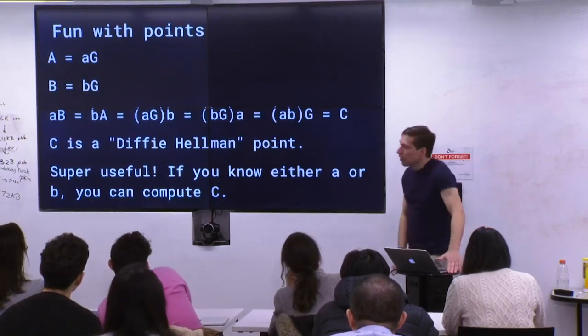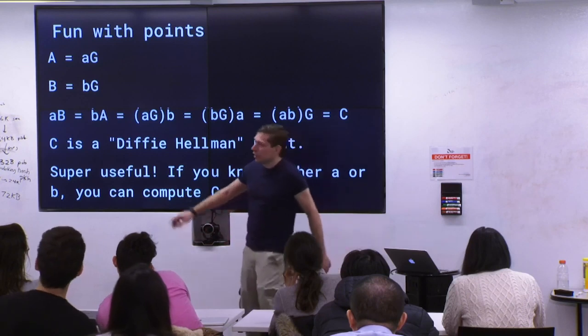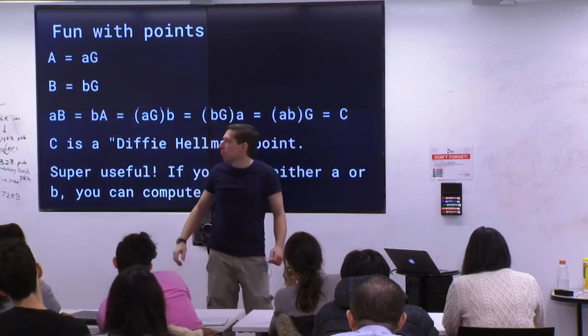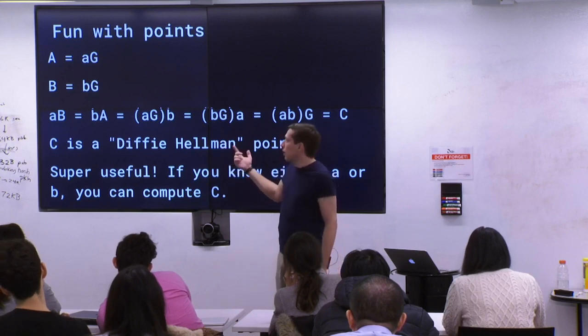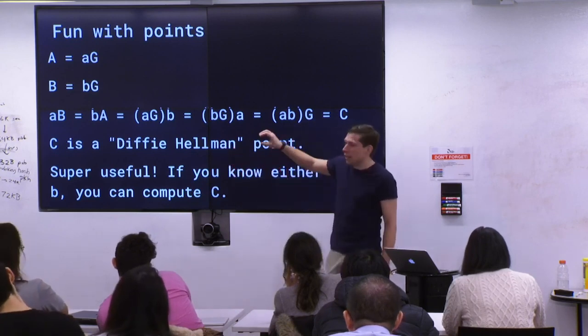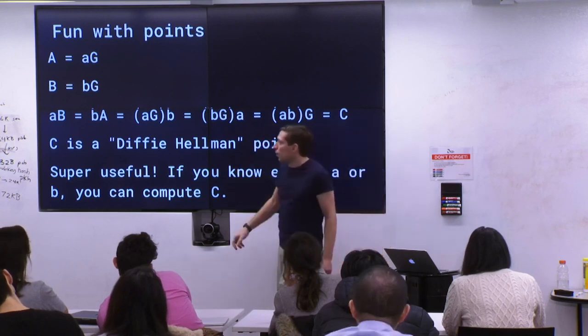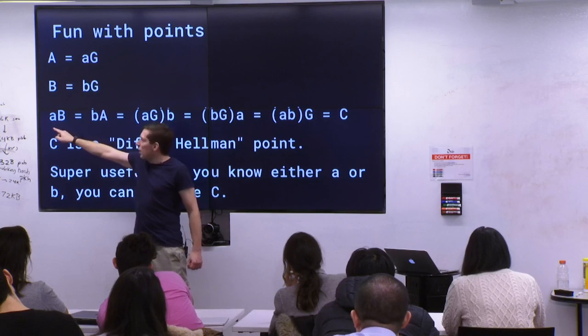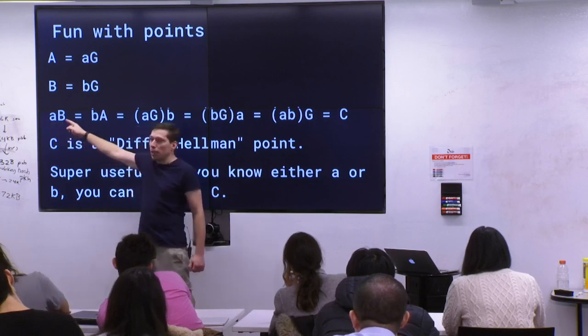Fun with points. Okay, so I'm not using an asterisk, I'm just writing B times G. So let's say Alice has a public key A, Bob has a public key B, which is little a times G or little b times G. Well, this is weird. Little a times big B, Alice's private key multiplied by Bob's public key.